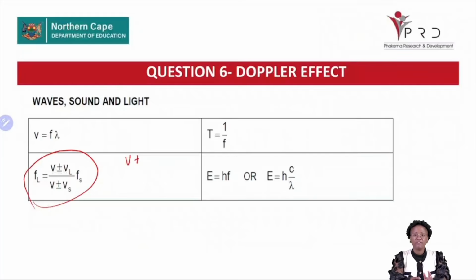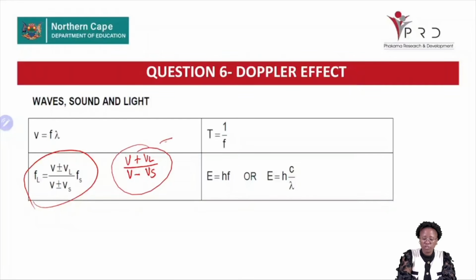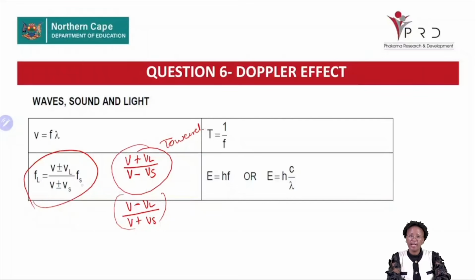You can never have signs that are the same. You can't have positive and positive or negative and negative. Always remember that the signs will not be the same. This is when it's moving towards you. When it's moving away from you, the sign on top will be negative and the sign below it will be positive. Very much important to look at that formula.